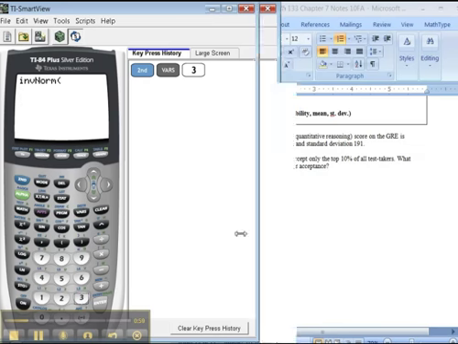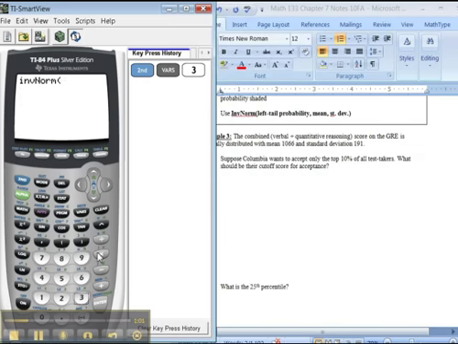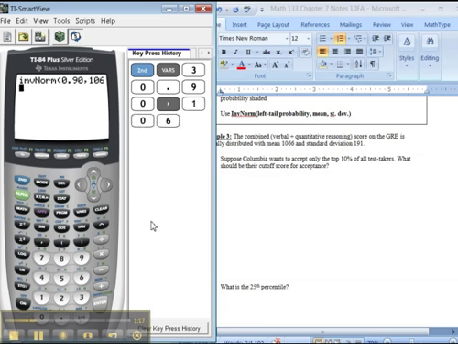Then you're going to tell it 0.90, got to put it in as a decimal, comma. Now, you wouldn't do a comma if you were doing a z-score, you'd just stop right there and close the parentheses. But since we're not doing a z-score, we're going to type in the mean and the standard deviation: 1066, comma 191, close parentheses, enter.